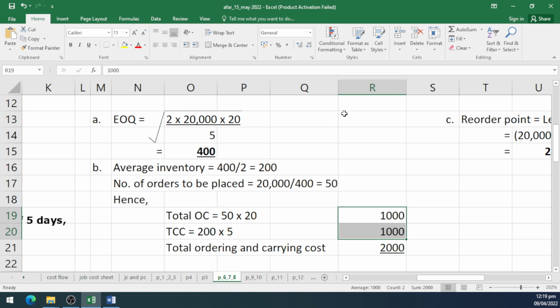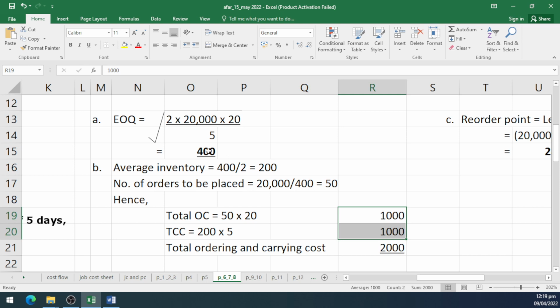In graphical format ng pag-solve ng EOQ, yung EOQ actually, that is the intersection ng ordering cost line at saka carrying cost line. Kaya pareho yan, equal po yan. Okay, we try to illustrate.